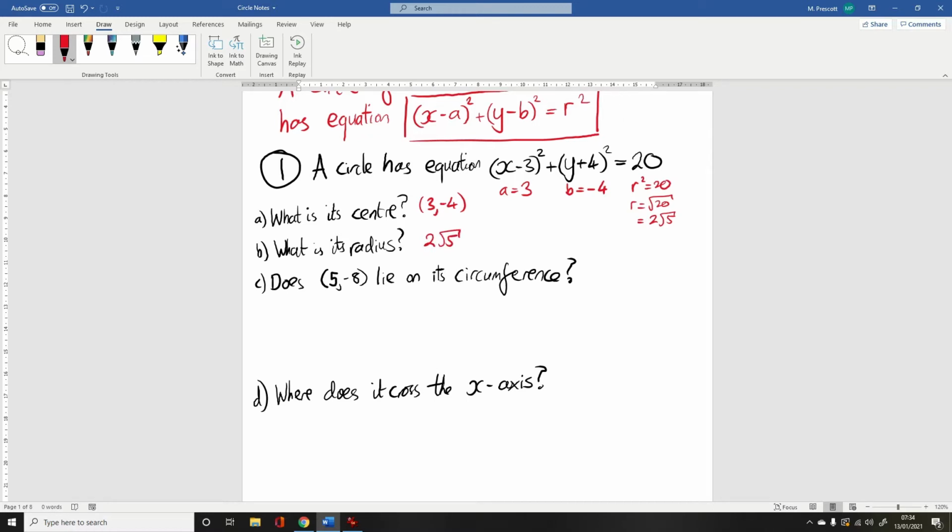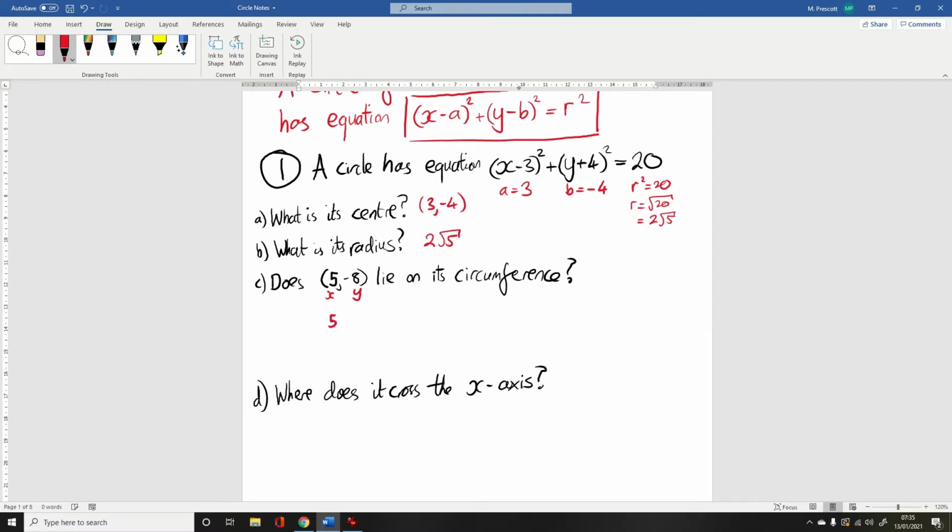Okay, that's it. Now, you obviously get these questions sometimes to prove that a point is on the circumference of a circle. And remember that you've got an equation for a circle, and if we want to show that a point is on any equation, we just need to show that it works with the equation there. So we're going to substitute in x equals 5 and y equals minus 8 into the equation of the circle, into (x minus 3) squared plus (y plus 4) squared equals 20. So let's do that.